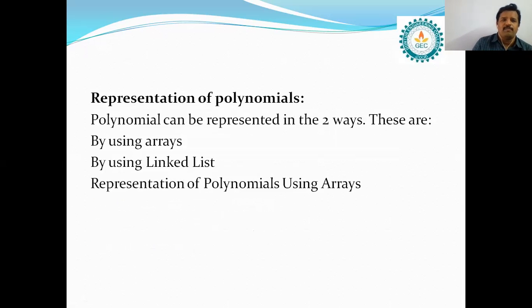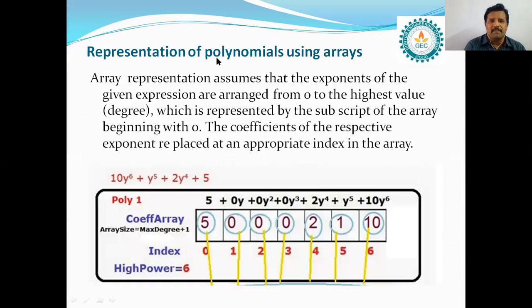Next, representation of polynomials. The polynomials can be represented in two ways, right? We can represent the polynomials by using arrays and also by using linked lists. Now let us discuss one by one, first the representation of polynomial using arrays.